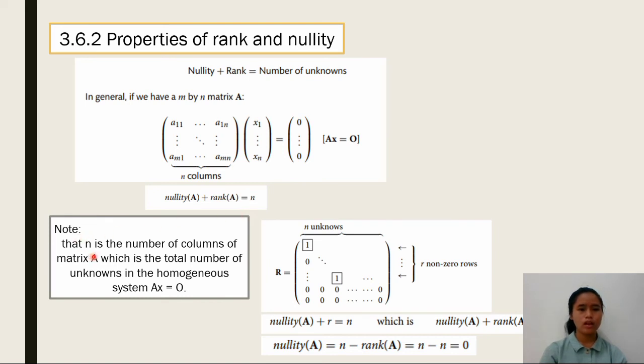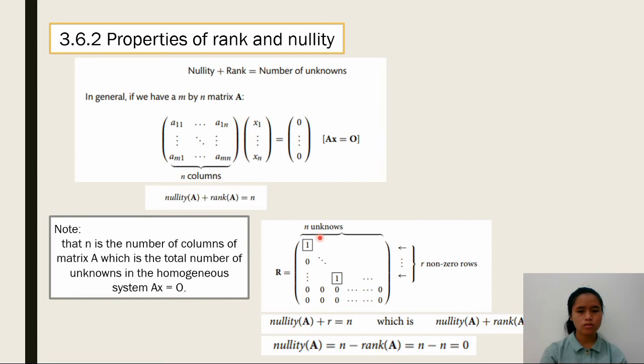That n is the number of columns of matrix A, which is the total number of unknowns of the homogeneous system AX equal 0.